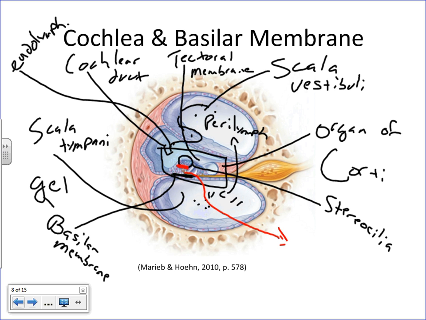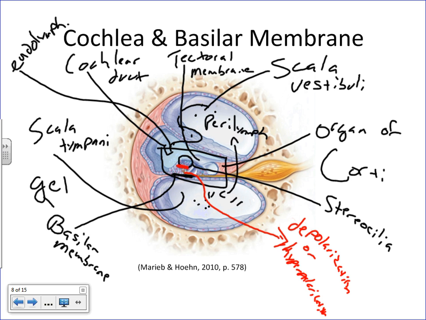Okay, and as these hair cells shift in certain directions, it's going to cause one of two events, either depolarization, okay, or hyperpolarization. Okay, so essentially these hair cells have very oscillating membranes.